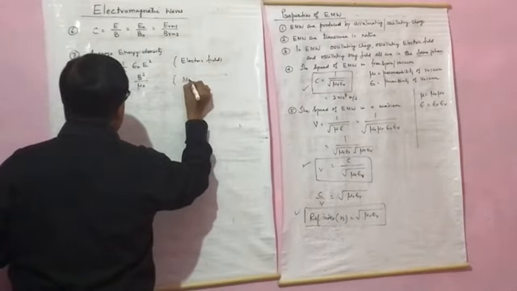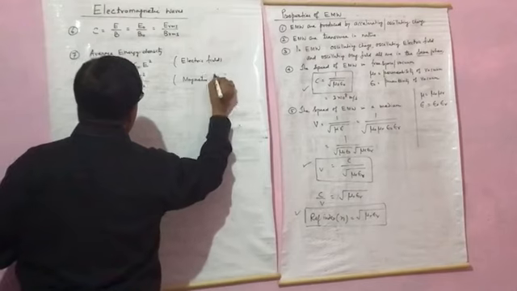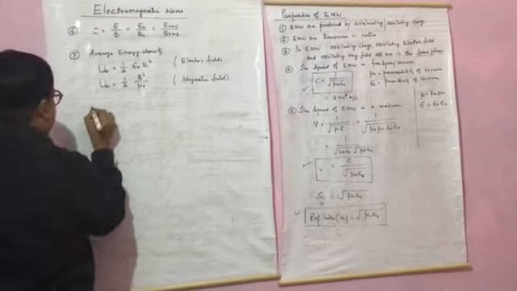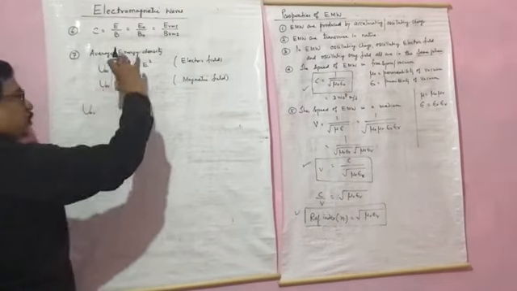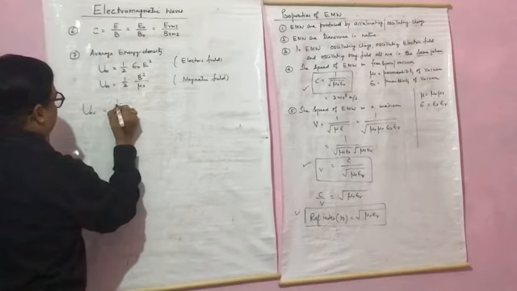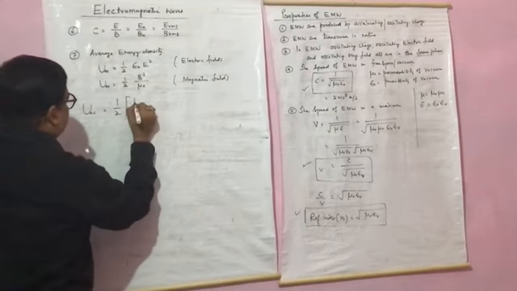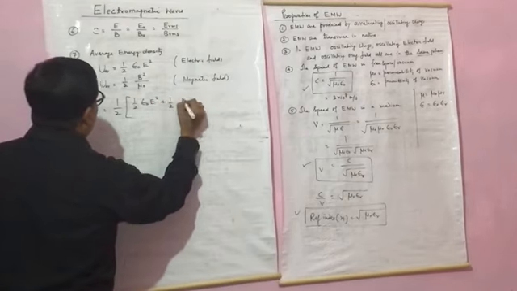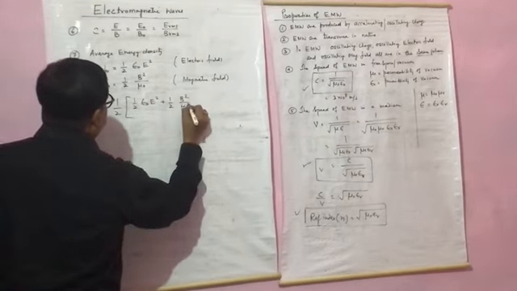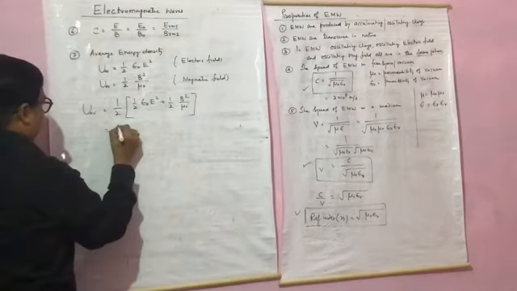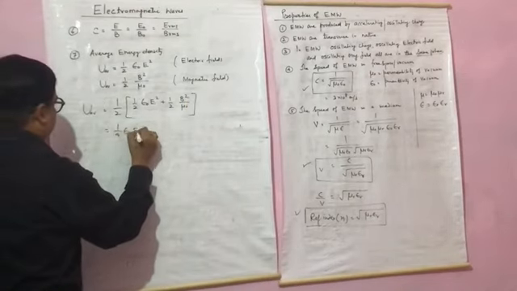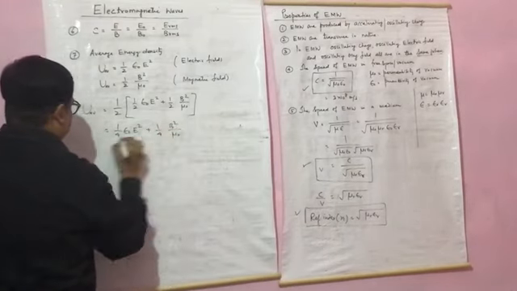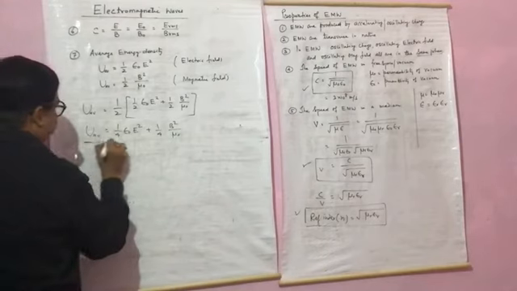This is because of magnetic field. And if we want to take the contribution of both, then this U average is sum of the two divided by 2. So this is 1 by 2 times 1 by 2 epsilon naught E square plus 1 by 2 B square by mu naught. So this is 1 by 4 epsilon naught E square plus 1 by 4 B square by mu naught. This is the average energy density.